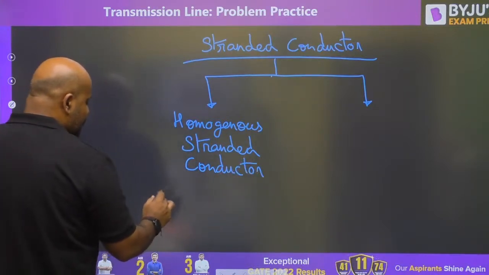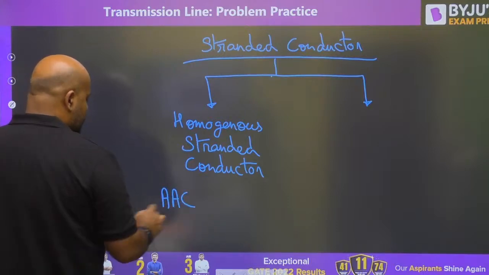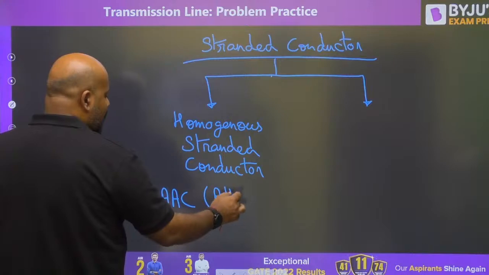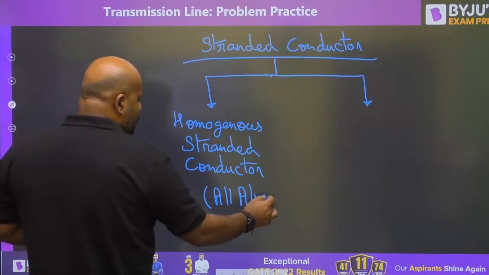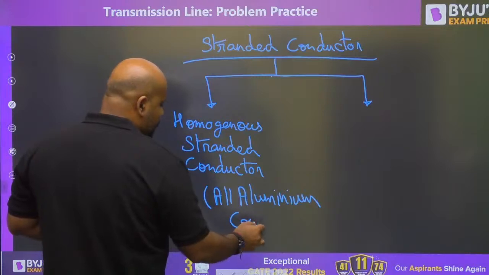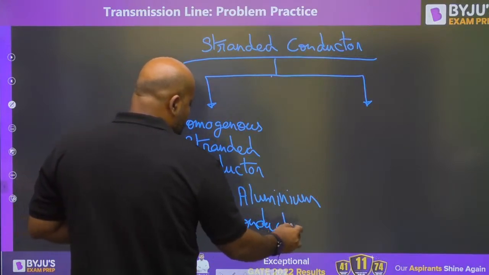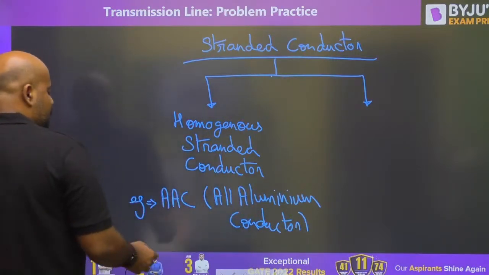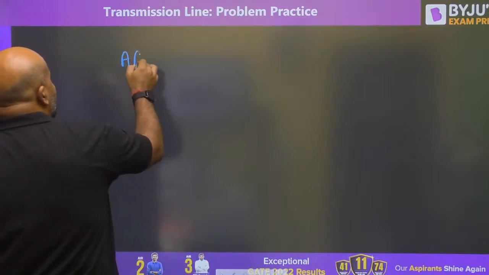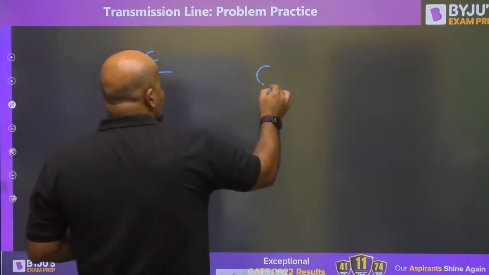It is going to be AAC. This is the best example. What is this AAC? This is the all aluminum conductor. So just to show you, your all aluminum conductor is going to look something like this.